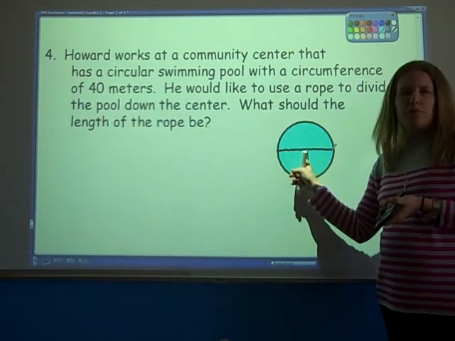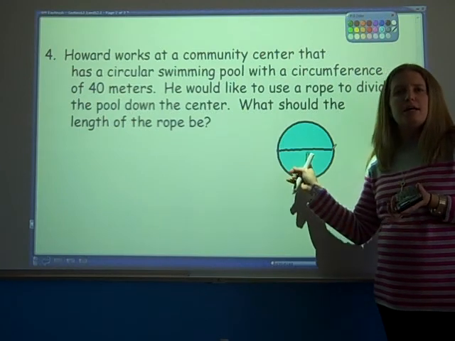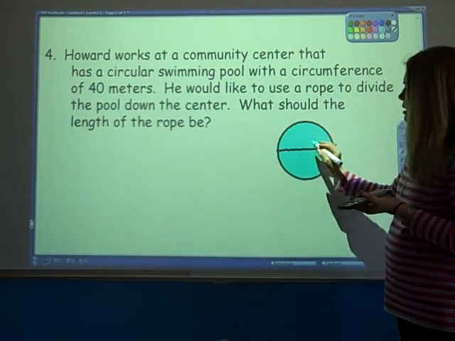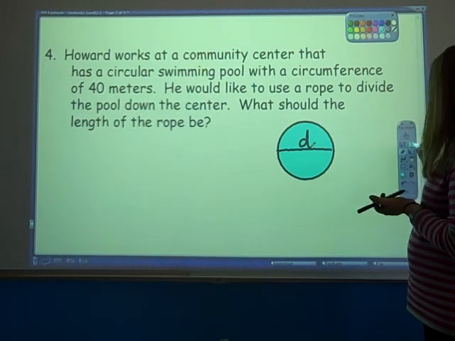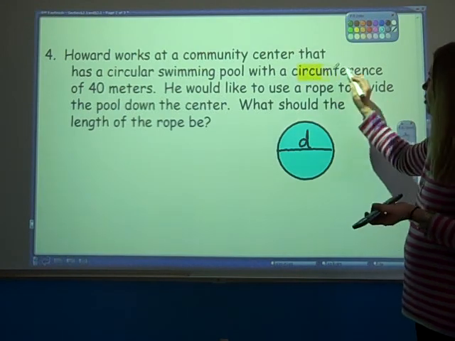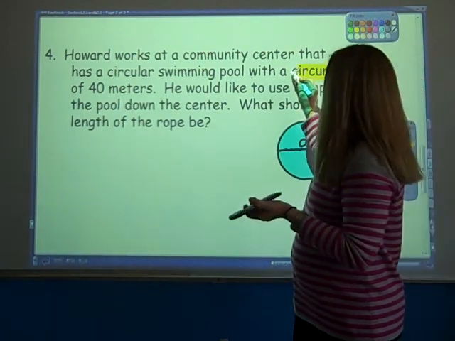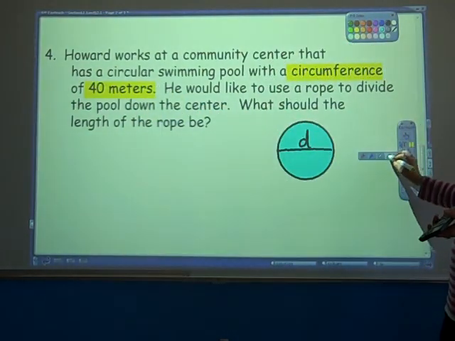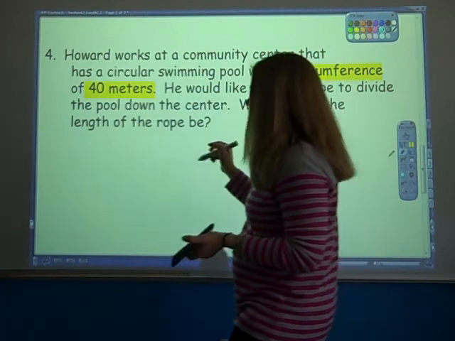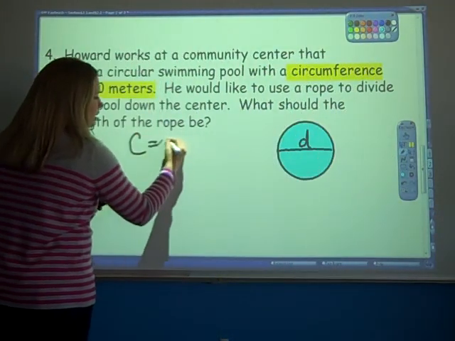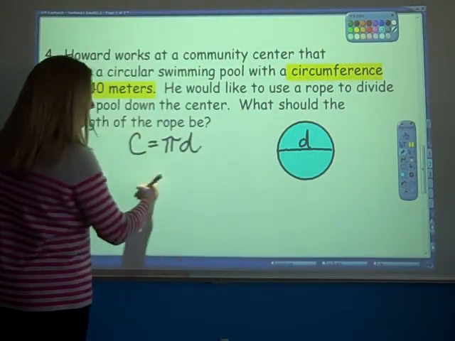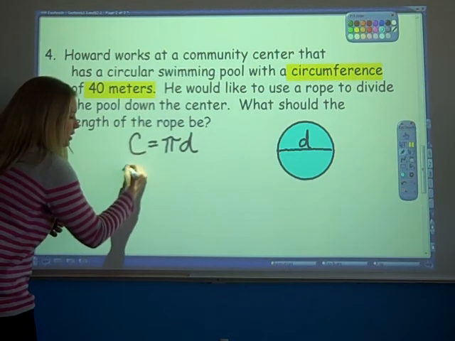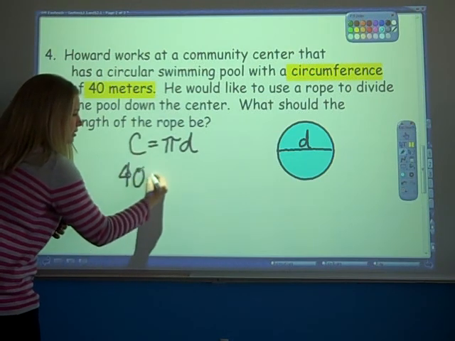So you need to figure out, well, he's asking for what? And this, across the center here, would mean he's looking for the diameter. Okay? And in our problem, we know that the circumference is 40 meters. All right, so we have circumference, we have diameter. Here's our formula, C equals pi times diameter. We know the circumference is 40, so I'm going to plug in 40.